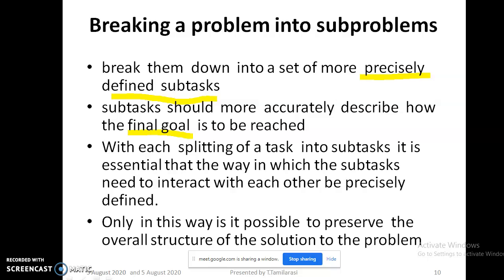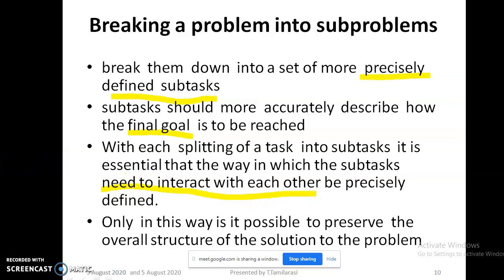One more thing: when we subdivide our subtasks, there is a need to find the relationship among those subtasks. If we miss that relationship, we can't coordinate and combine all those sub problem solutions. So whenever we split a problem into subtasks, there is a need to find the way for them to interact with each other.